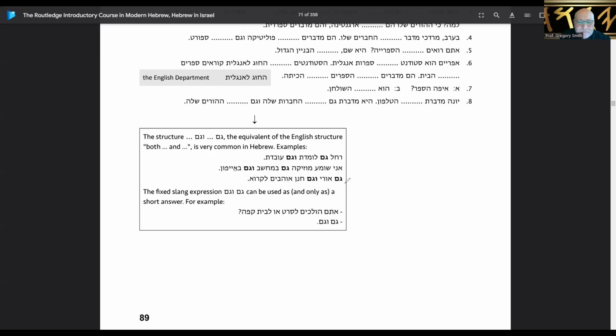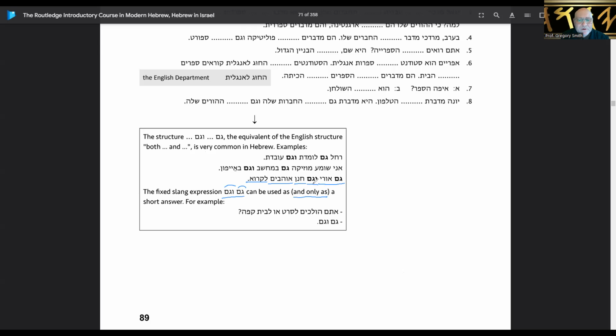Okay, gum Ori, and Ori is also, is both. Let's see. A fixed slang, gum v'gum, can be used as and only as. It's literally like also and also. A short answer, for example, okay, gum Ori, also Ori, and also Hanan, ohavim, like likro, they like to read. Oh, it's gum v'gum, the equivalent of the English structure both and.